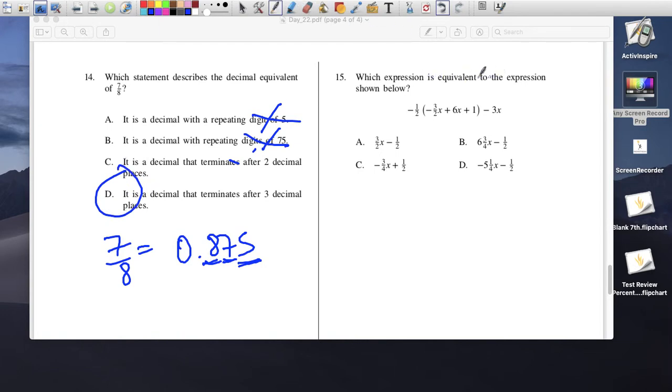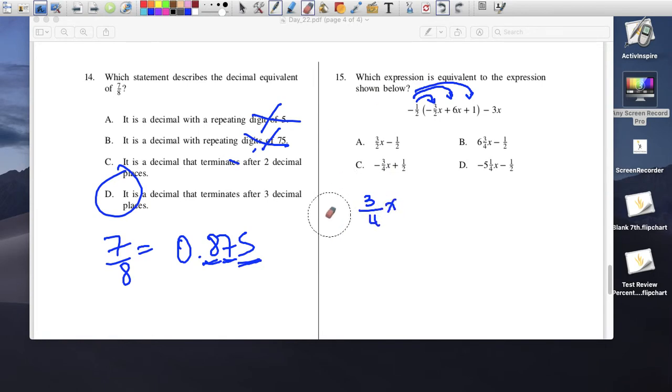15. Which expression is equivalent to the expression shown below? I might actually have to do some work here. So we're using the distributive property. This times this times that, this times this, and then we subtract 3x. First, a negative and a negative is a positive, and 1 times 3 is 3, and at the bottom 2 times 2 is 4, and we put the x.